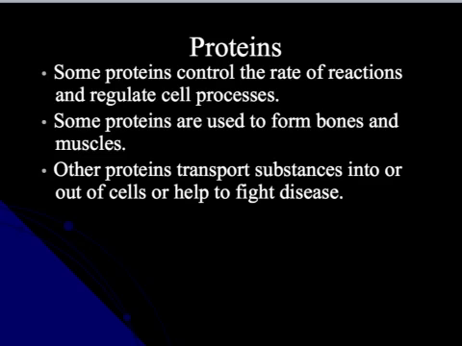Those are different hormones, which are examples of proteins. Another example of a protein as a hormone would be adrenaline, which gets people fired up or excited. Proteins are also part of white blood cells, which help fight diseases as well. So there are many functions for proteins in our body, and there are many different kinds.